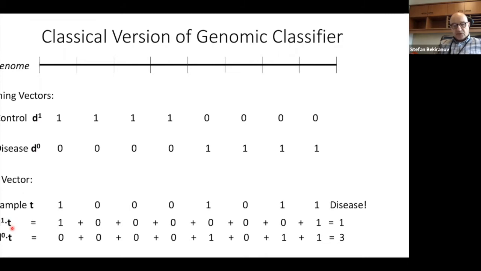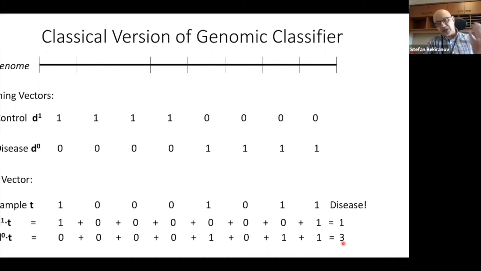So the dot product between the control vector and the test comes out to 1. And the dot product between the disease and the test comes out to 3. Its dot product is greater, so we can classify it as disease.